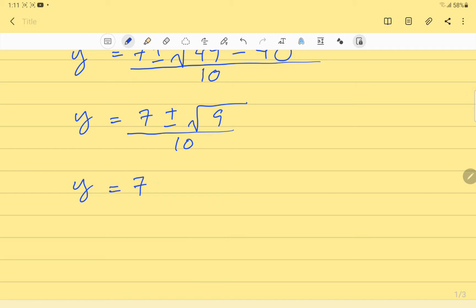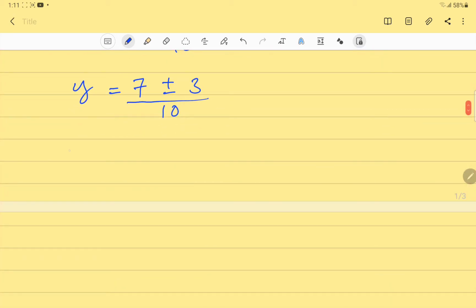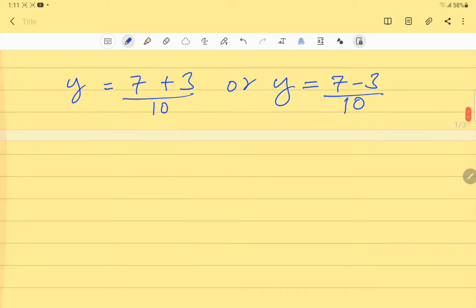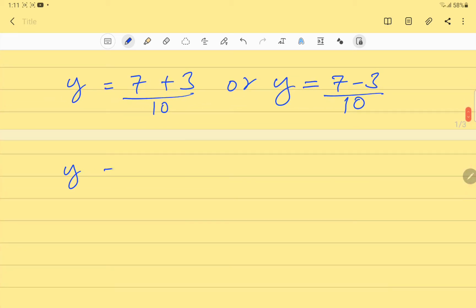So y is equal to 7 plus minus square root of 9 is 3 over 10. So y is either equal to 7 plus 3 over 10 or y is equal to 7 minus 3 over 10. So y is equal to 10 over 10 or y is equal to 4 over 10.